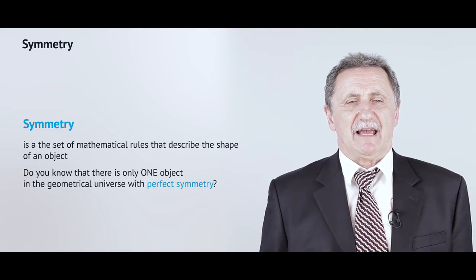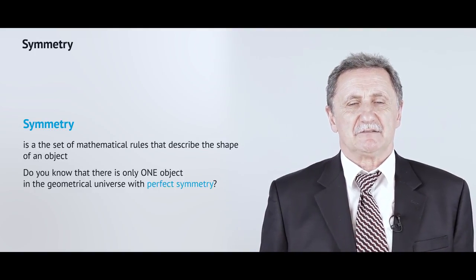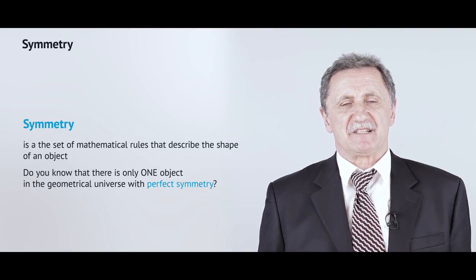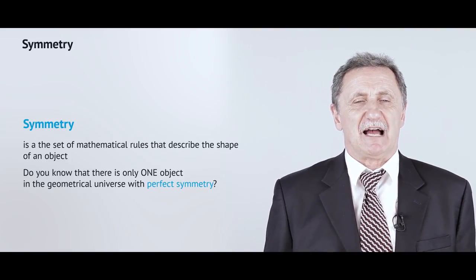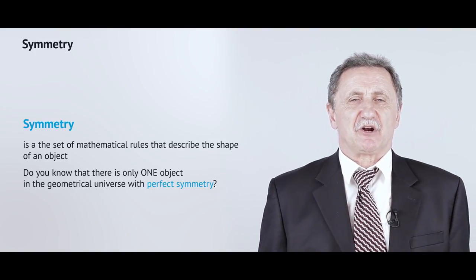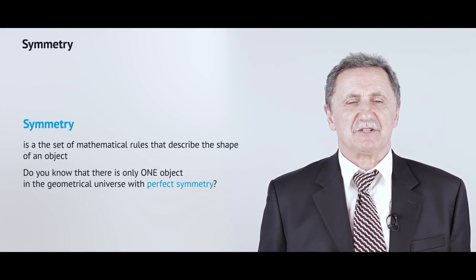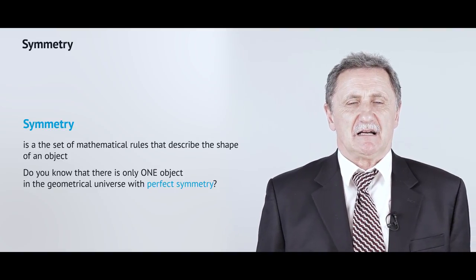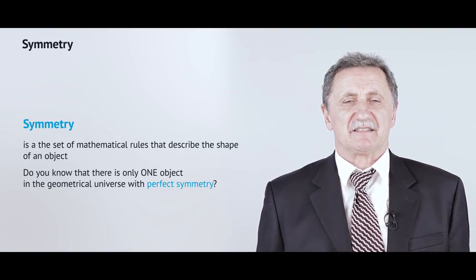Do you know any kind of geometry which has, let's say, perfect symmetry? It means that it has an infinite number of symmetrical operations which can be applied to this object, so that it will remain the same.